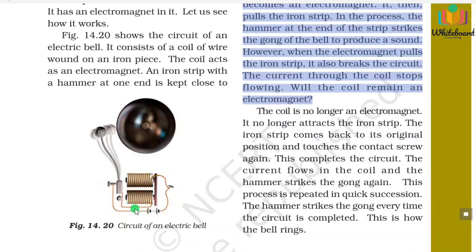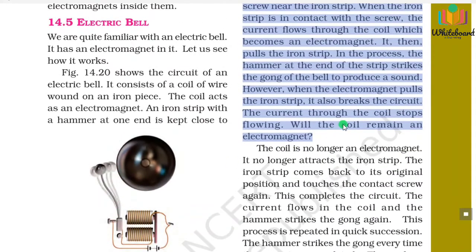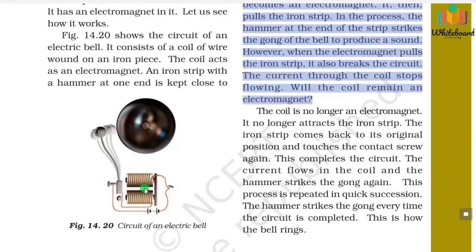It then pulls the iron strip. In the process, the hammer at the end of the strip strikes the gong of the bell to produce a sound. However, when the electromagnet pulls the iron strip, it also breaks the circuit. The current through the coil stops flowing. Will the coil remain an electromagnet?